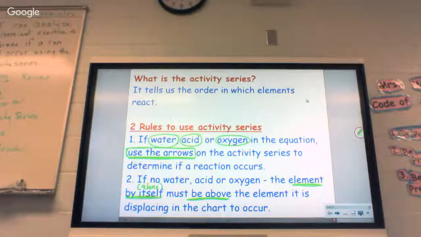So we're going to look at where it actually is in the chart. So the element that's alone must be above.